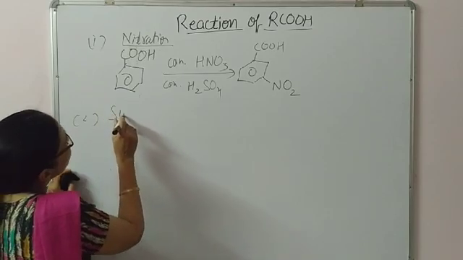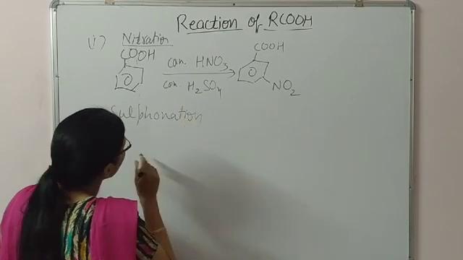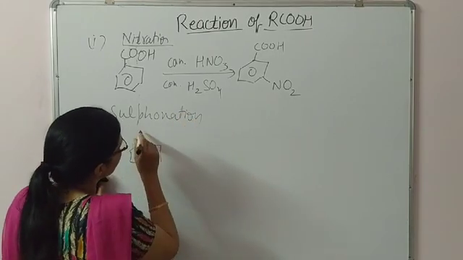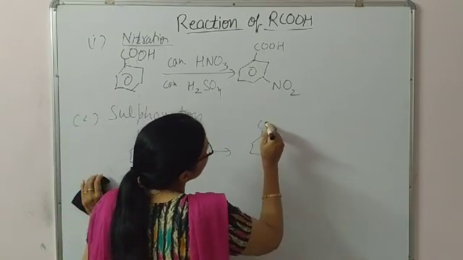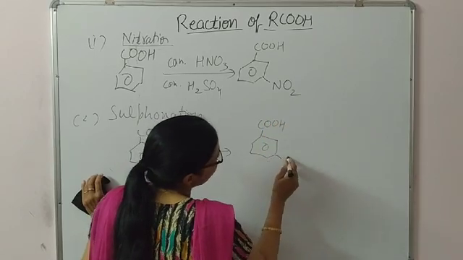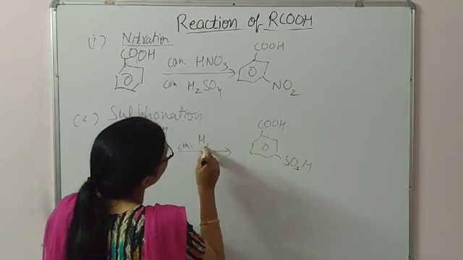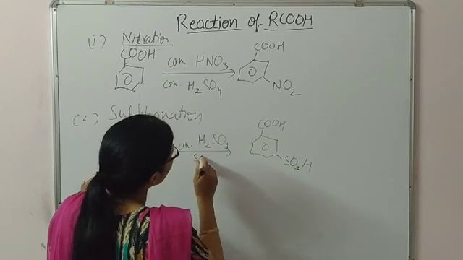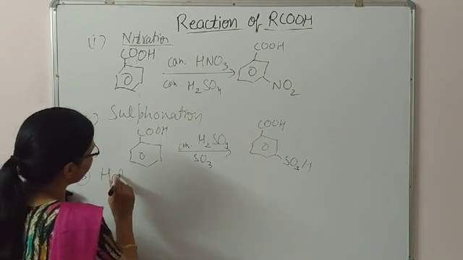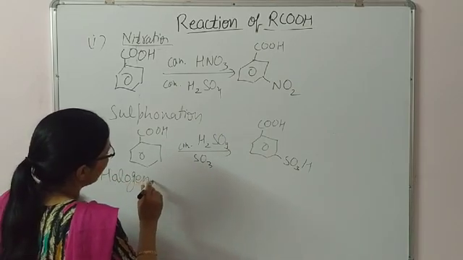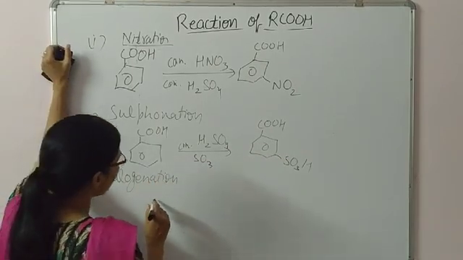Next is sulfonation. COOH, you know the product, COOH, and at the meta position SO3H, in the presence of concentrated H2SO4 and SO3. Next in the row is halogenation. As it is a meta-directing and deactivating group, it will not give the Friedel-Crafts reaction.